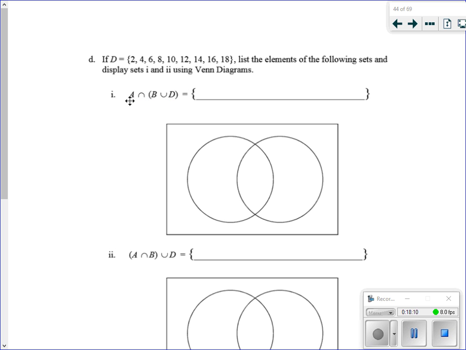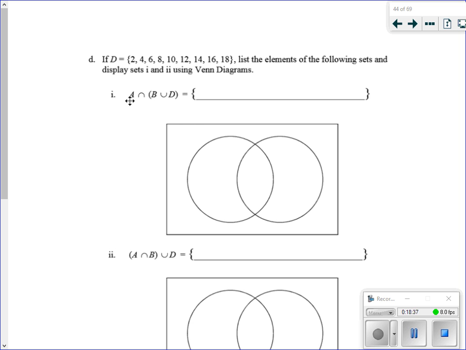Okay, so it does help to write out the elements of your set. Okay, so it says if D is the elements 2, 4, 6, 8, 10, 12, 14, 16, 18, list the elements of the following sets and display sets 1 and 2 using Venn diagrams.